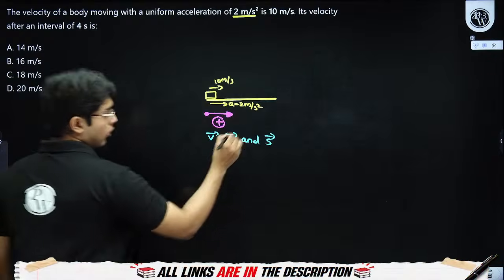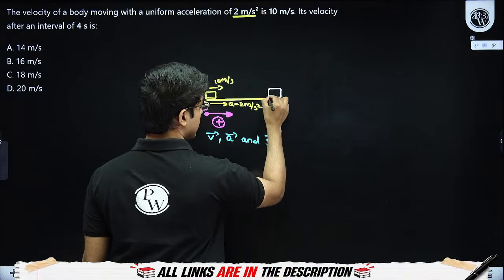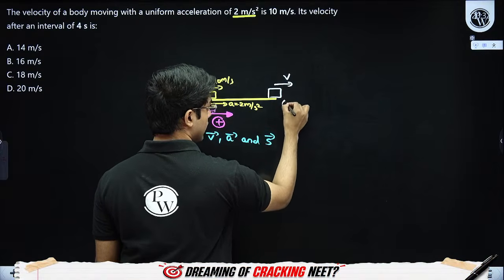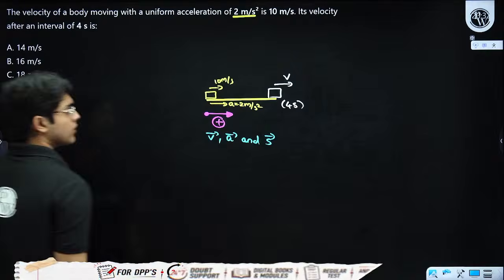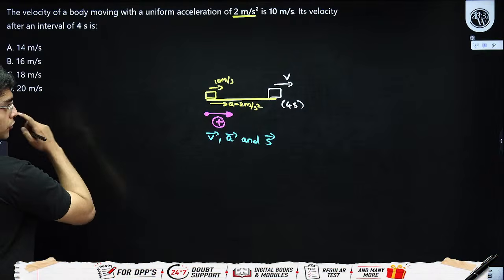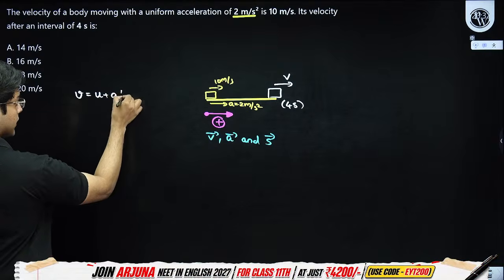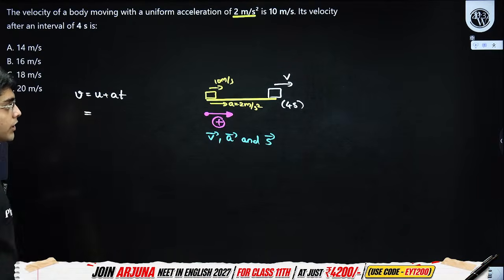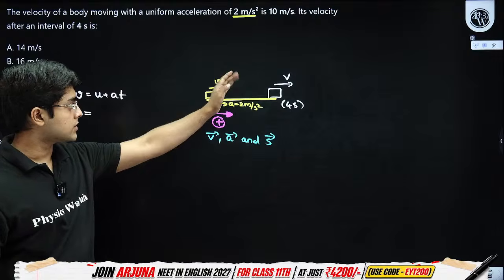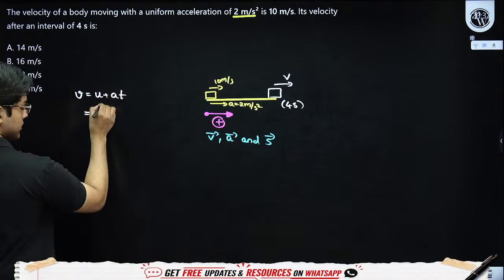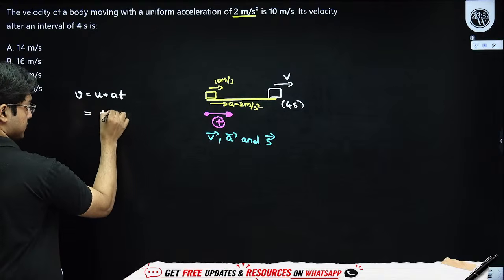Now we need velocity after 4 seconds. So we'll use v equal to u plus at. Initial velocity is 10 meters per second to the right, and right is positive, so I'll substitute that as plus 10.